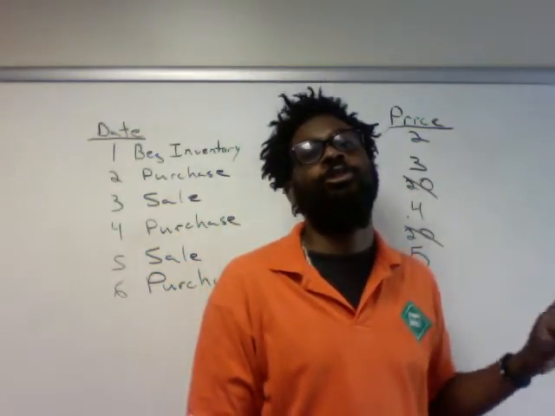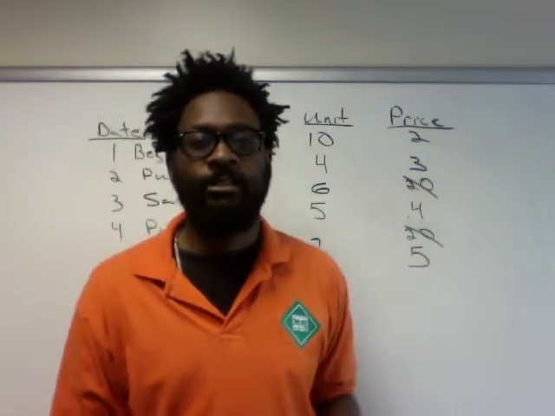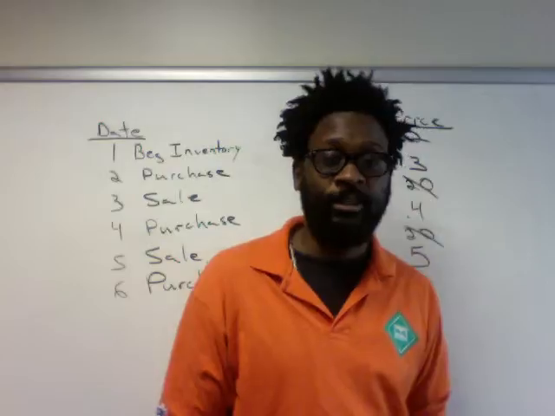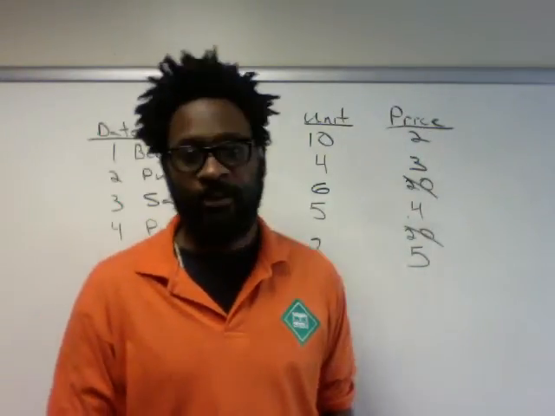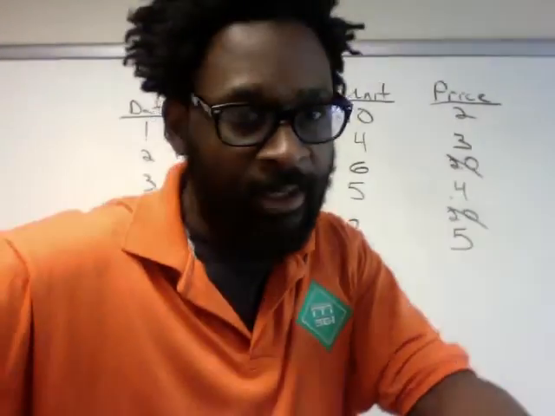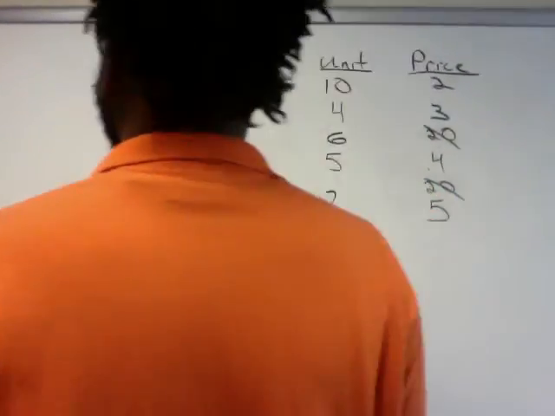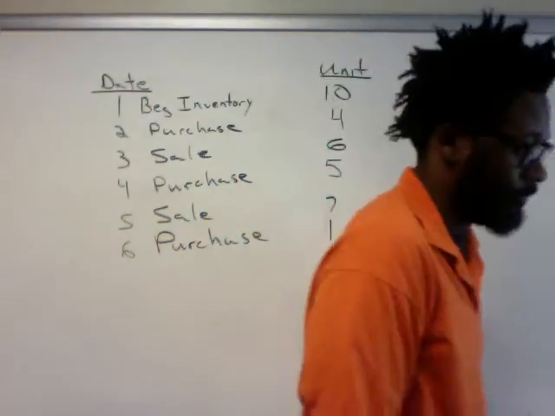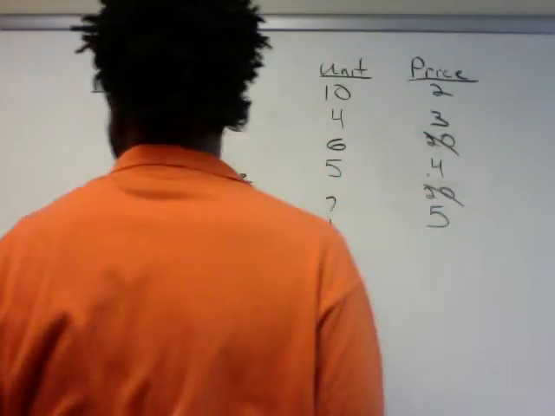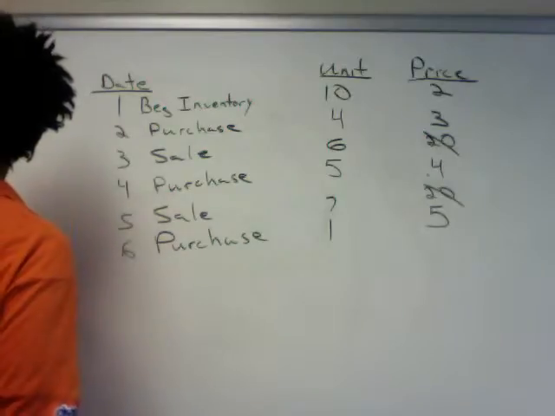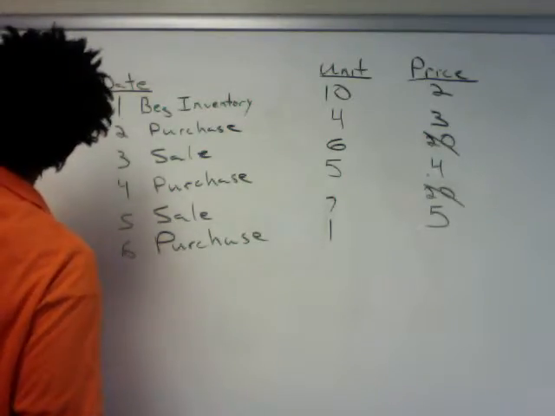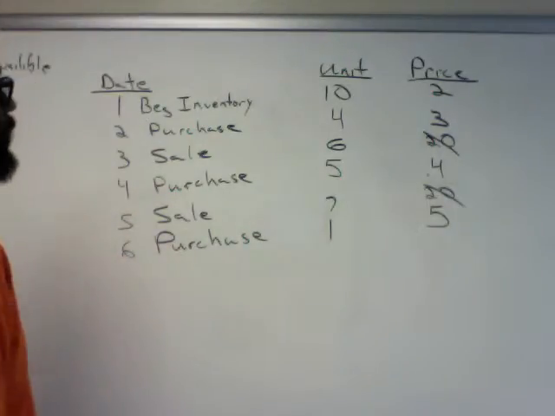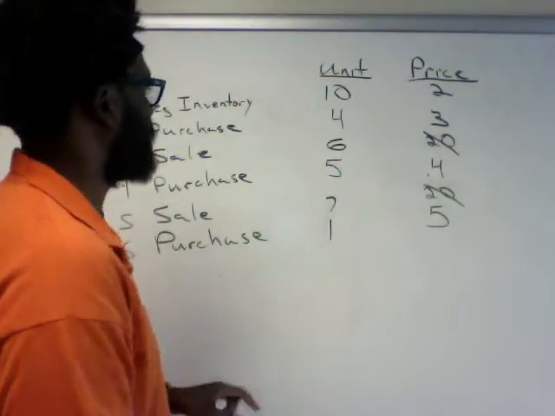So what I'm going to do is show you how to calculate under the periodic system for the following two methods. That would be your average cost, and that would be your LIFO. Okay? And so again, we need to figure out how many goods available. That's first. So we find out how many goods available by simply adding up all our units, beginning inventory plus purchase.